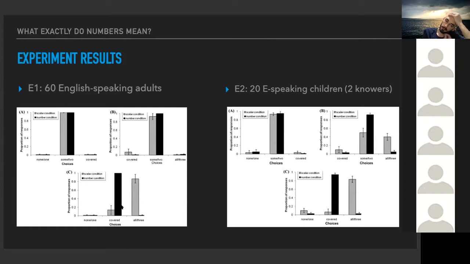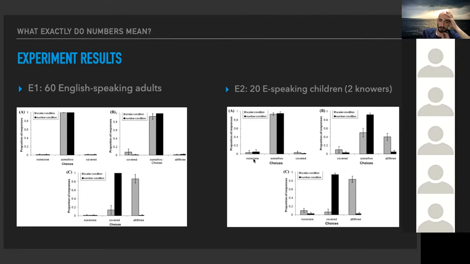But 100% of adults selected the covered box when there was no box available containing exactly 2 fish, which lets us conclude that adults reject semantically lower bound versions when it comes to number terms, which would indicate an exact interpretation of numbers. But let's go on to experiment number 2, where 20 English-speaking children of age 2 to 3, so-called 2 knowers, were tested.